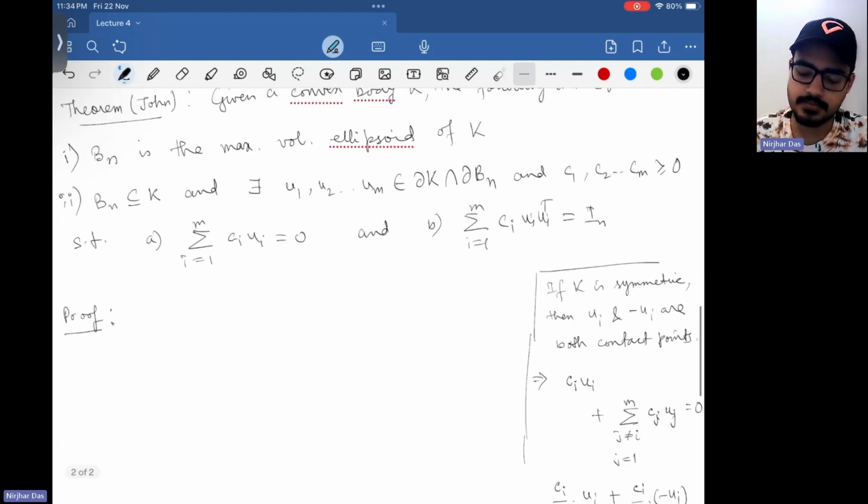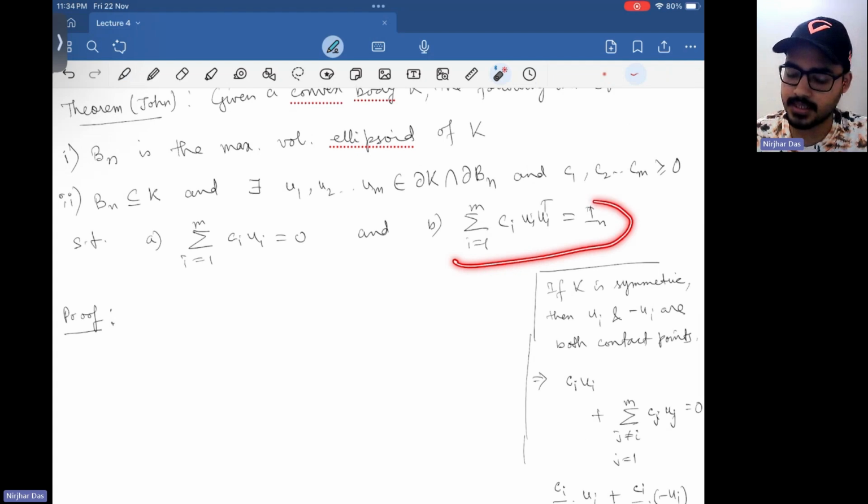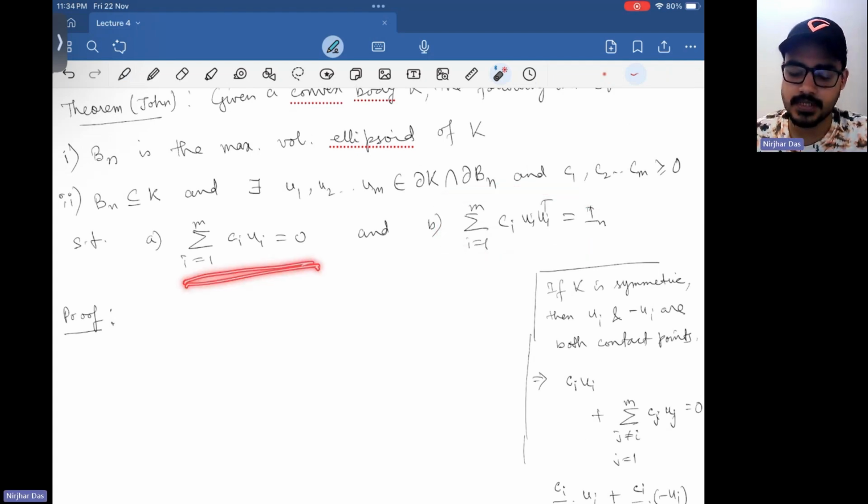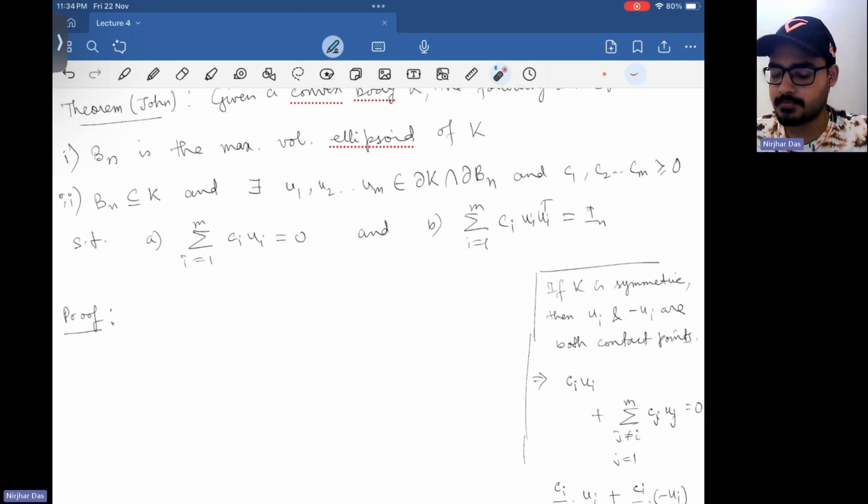So basically, without hurting the second condition, we can make this condition trivial. So we can ensure that this summation is empty and therefore this condition becomes trivial, but this condition still stays non-trivial. And you can do this only if the body is symmetric.